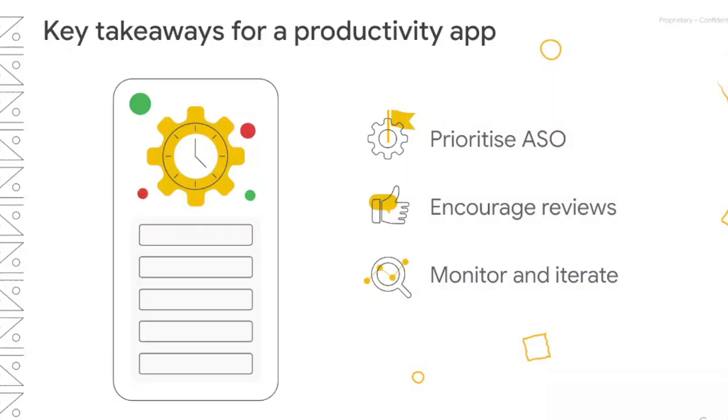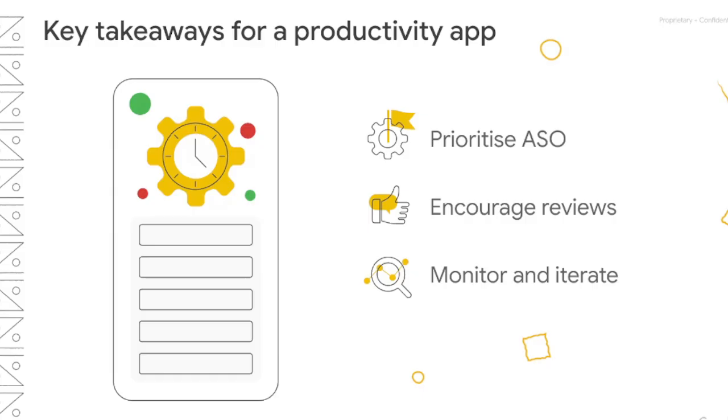Okay, so the key takeaways for this example that we looked at, which was the productivity app: they obviously prioritized their app search optimization, and we know that this is important for appearing in the app packs. So again, you need to ensure that your title, your description, and your keywords are aligned and relevant with the search terms. In this case, it was maybe project management or task management, or even productivity tools, things like that. So it needs to be aligned and relevant to that.